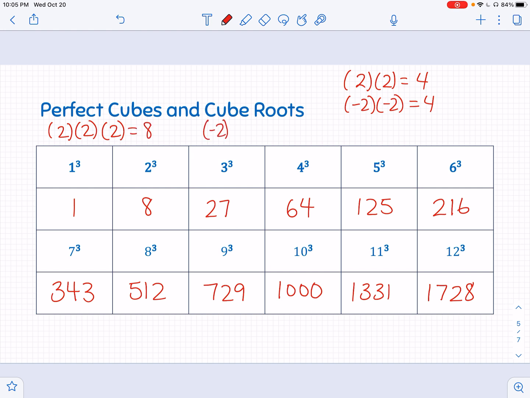But if I were to multiply -2 times -2 times -2, I get -8. So when we have this odd power, or when we're taking the odd root of something, you're going to be working with negatives in this instance where you weren't before.